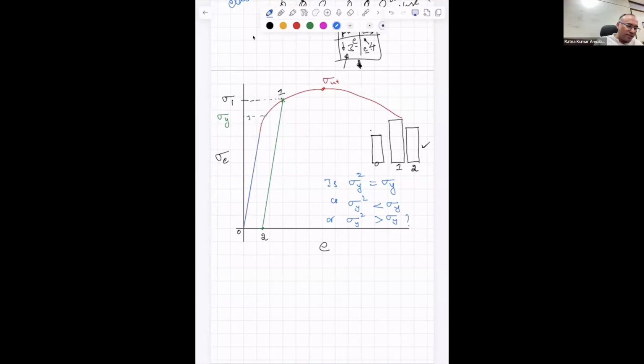You said it is below that, right? Like that? Sir, does the blue line start at 2 instead of 0?